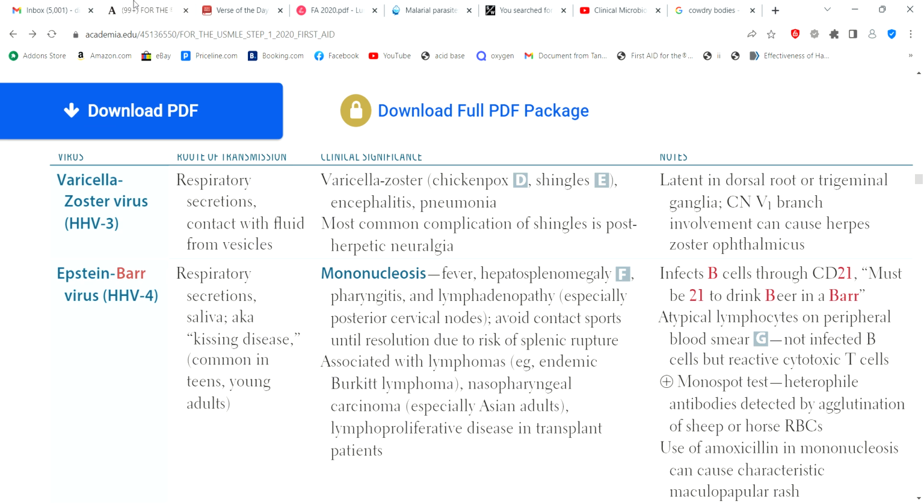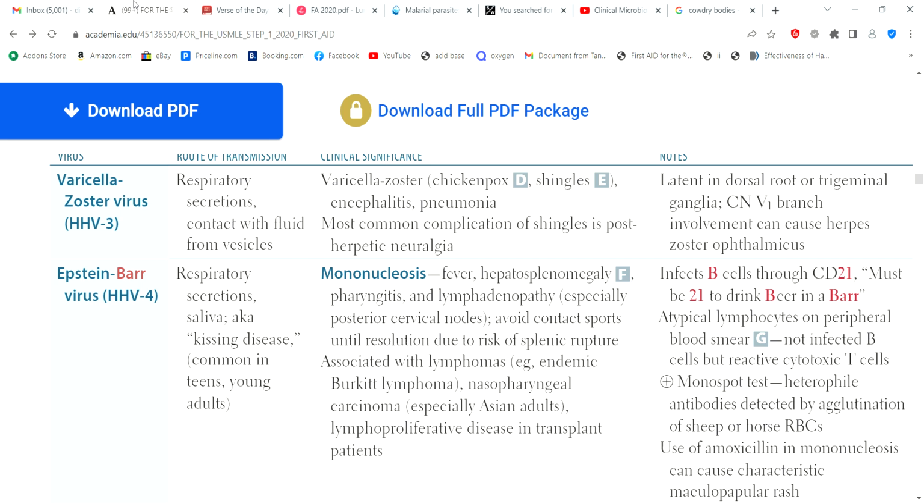Epstein-Barr virus is spread through respiratory secretions, through kissing mainly. It's known as the kissing disease. Mononucleosis is known as the kissing disease. It's common in teens and young adults, mainly people in college.